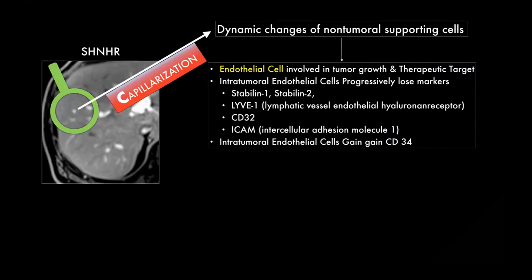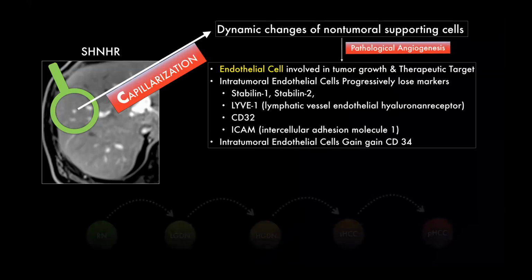Typically some of these endothelial cells lose certain important markers like ICAM, CD32, and stabilins, whereas they also gain a marker called CD34. This change is absolutely critical, because that's a change from a benign condition like an RN to a more pathological angiogenesis, which potentiates the growth of HCC.